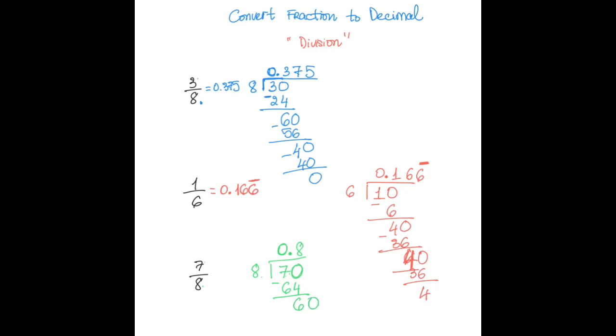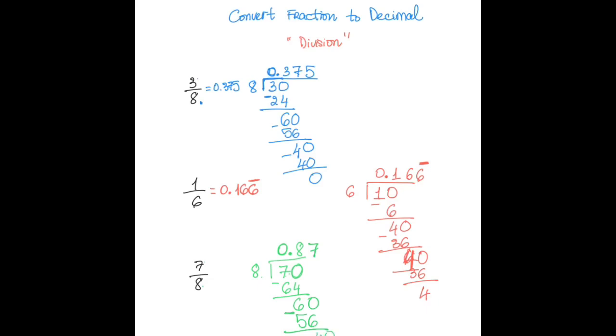You borrow 0, continue to divide. 60 divided by 8. How many times that 8 go into 60? 8 times 8, 64. So just 7, because 7 times 8, 56. 60 minus 56 is 4.